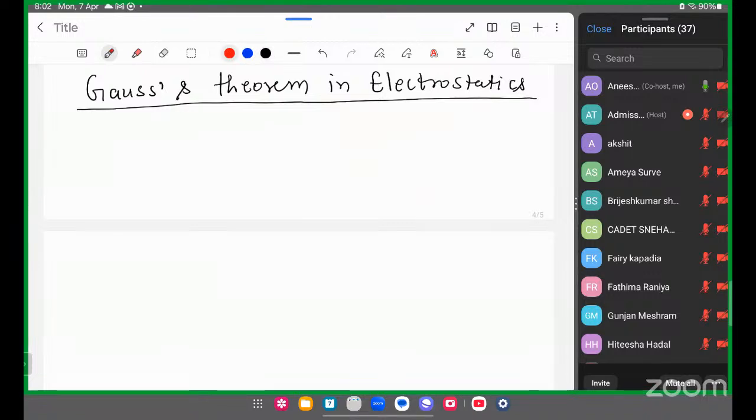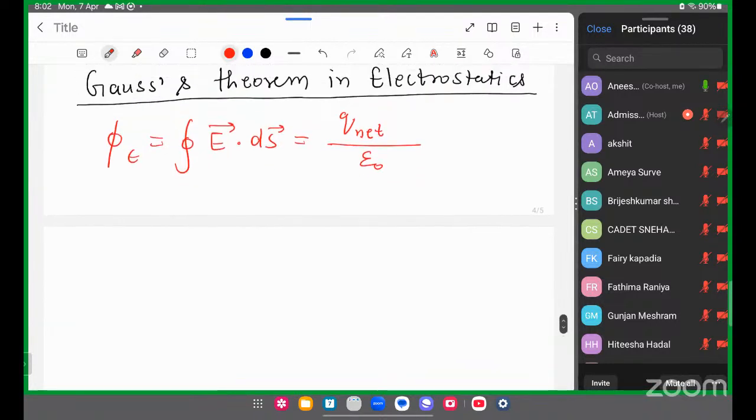Gauss theorem in electrostatics states that electric flux passing through a closed surface can be given by the surface integral of E dot ds, which is equivalent to the net charge inside the surface divided by epsilon naught. So according to Gauss's theorem, the electric flux over any closed surface is always equal to 1 upon epsilon naught times the net charge inside the surface.